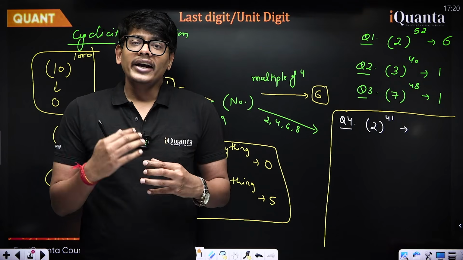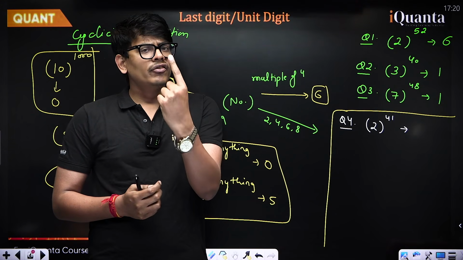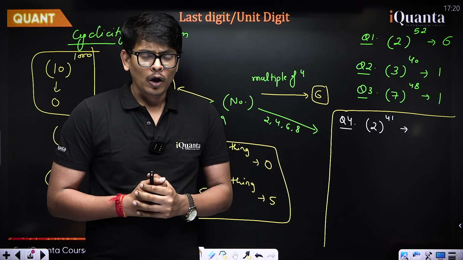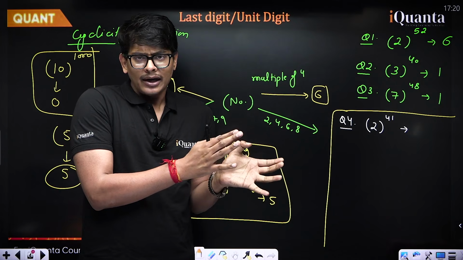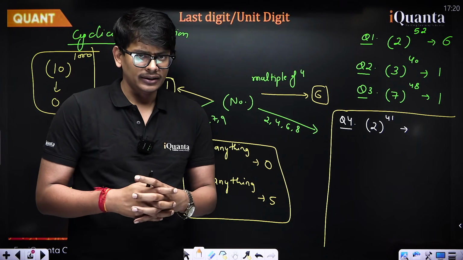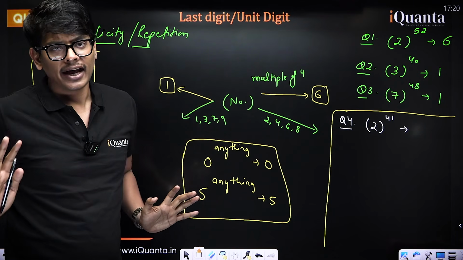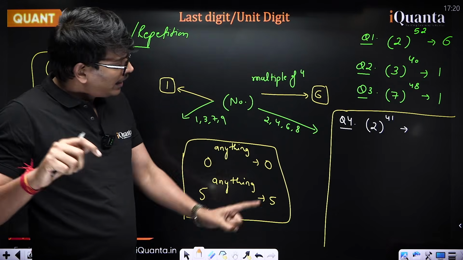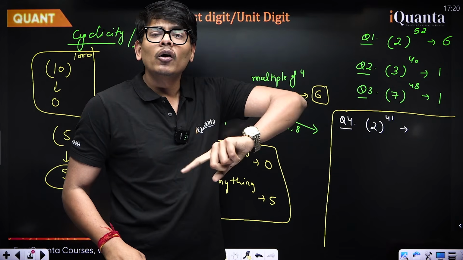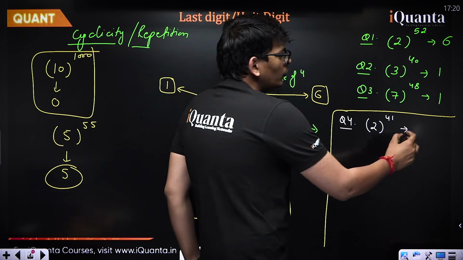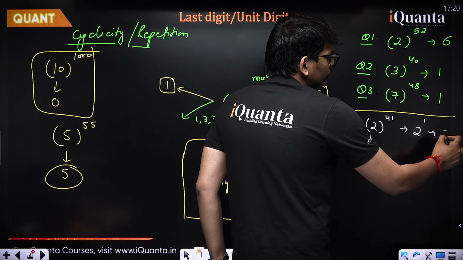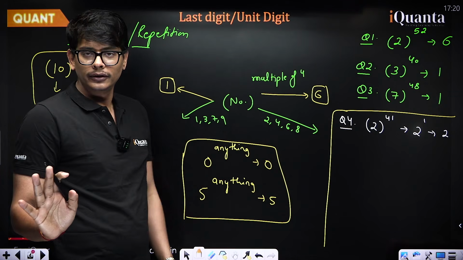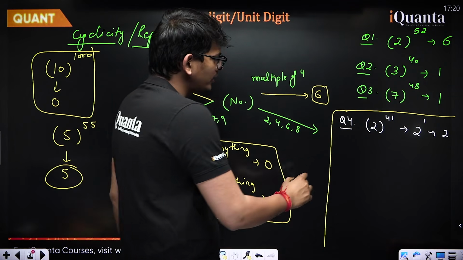Because when you divide 41 by 4, you will get 1 as remainder. So whatever the extra part is coming out, or whatever the remainder is there, you have to solve for that extra part or remainder. Here, 1 is the extra part, or you can say 1 is the remainder. So solve for that only. That's it. Question solved. Let's take few more examples.